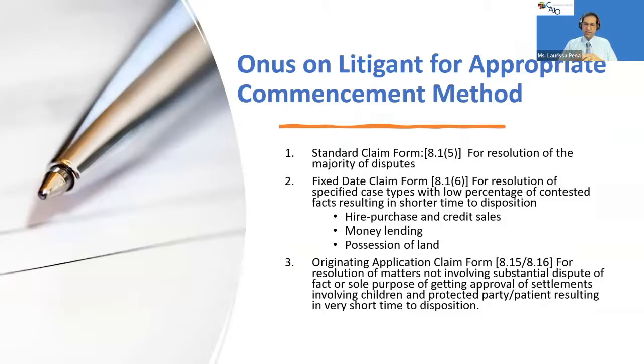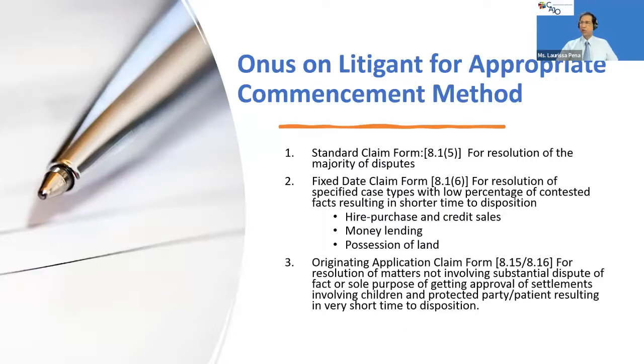As I just explained, the rules provide for 3 methods, but the litigant has the responsibility initially to select which method they will initiate to commence proceedings. There are 3 methods, as I explained. The first is what is called a standard claim form, or just a claim form. Rule 8.15 speaks to that, and that's really the method that should be used for the majority of disputes.